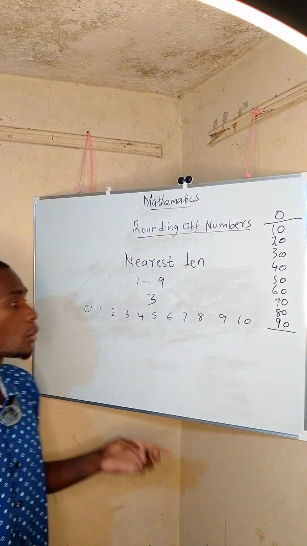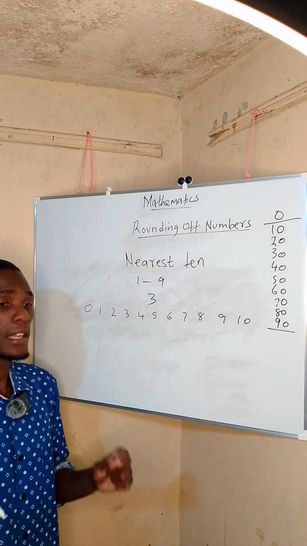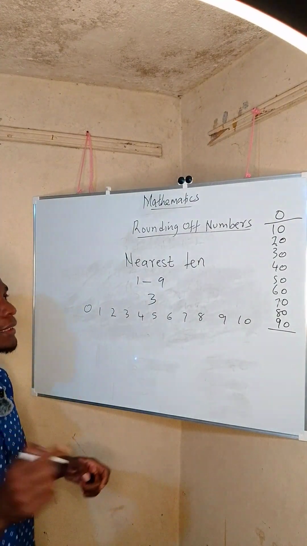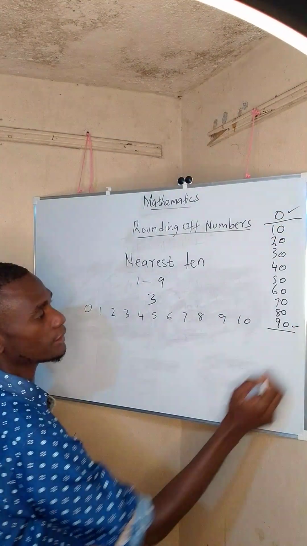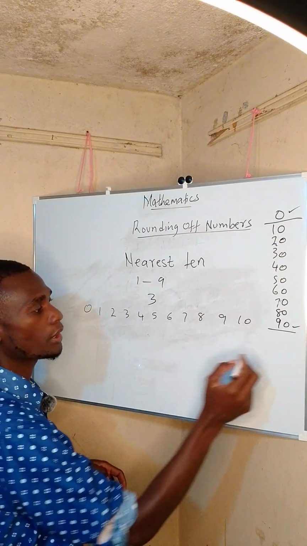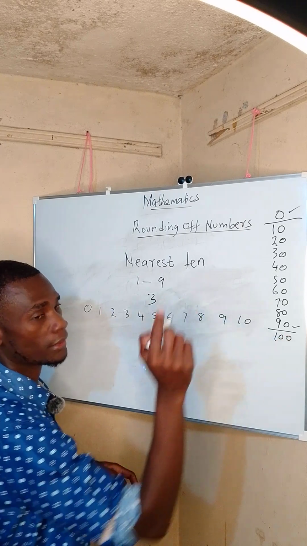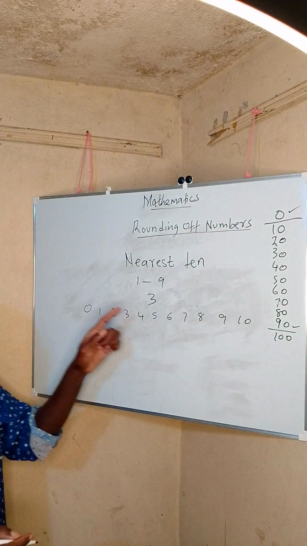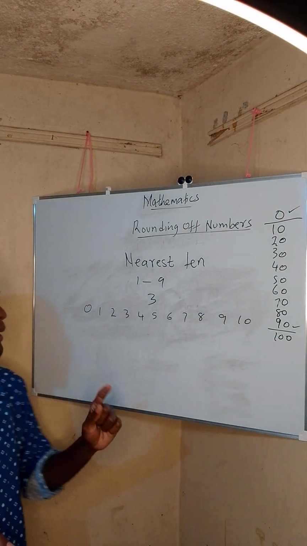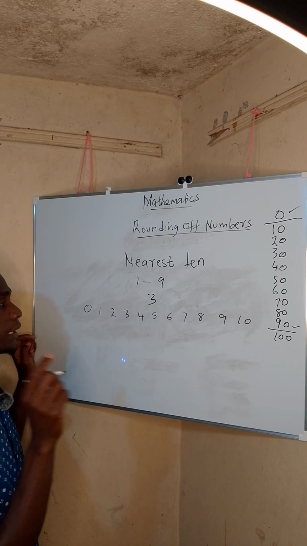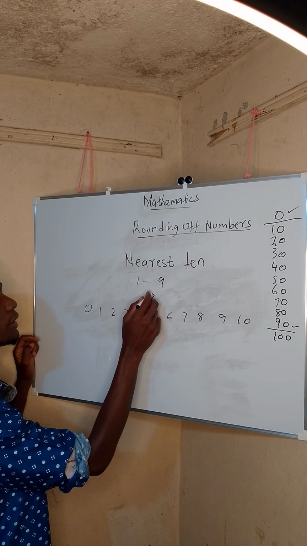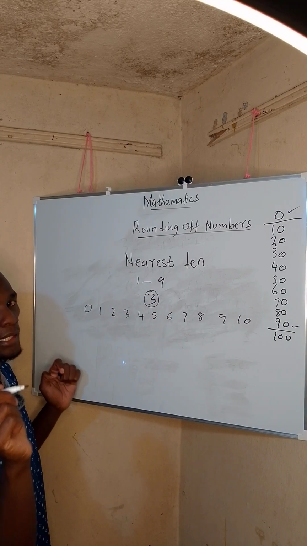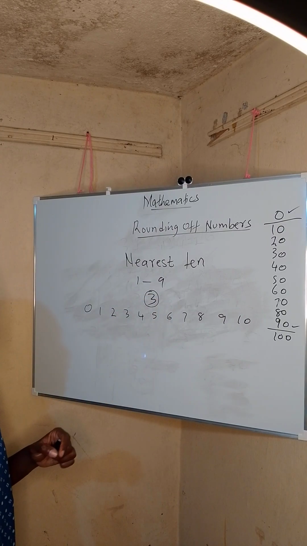So you are told to round off to the nearest 10. When you are rounding off, our interest is in these numbers, from 0 up to 90, and at some point it might even go up to 100. Because we are talking about a one-digit number, like 3, just a single number, you have been given 3 to round off to the nearest tens.